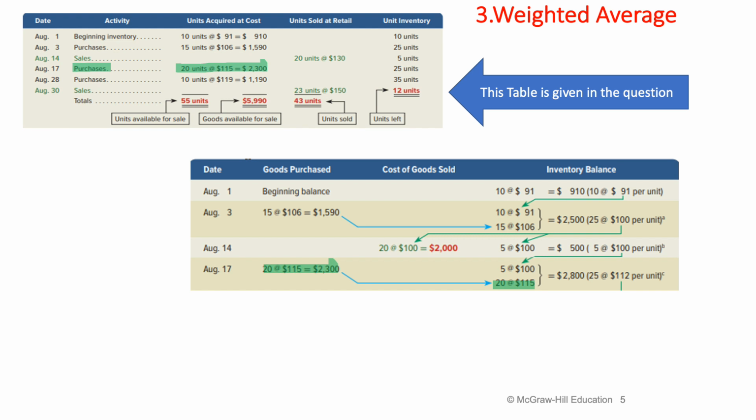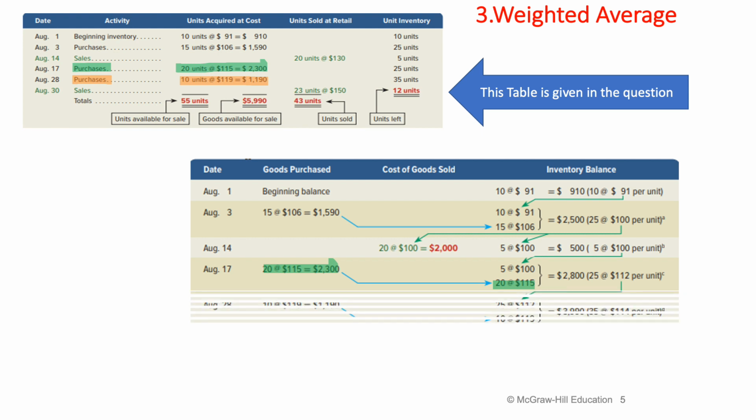Again, also in August 28, we did some purchases. We purchased 10 units and each unit cost us 119. Because the company did purchases, I'm going to record my purchases here in the goods purchased column.